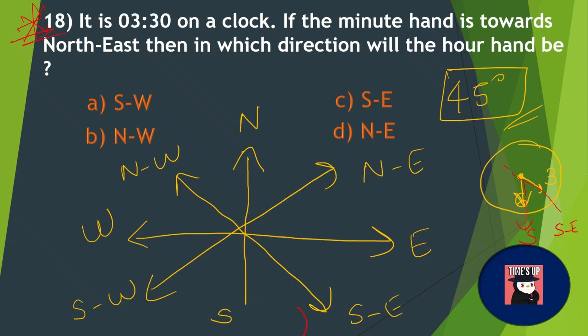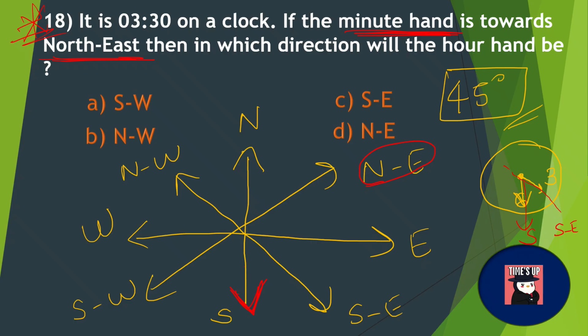So how will we solve this? Just focus on the minute hand. Instead of south, it is now facing northeast. Then in which direction will our hour hand be? They have asked. Initially the minute hand was towards south, and now we need to go to northeast. Correct? Each angle makes 45 degree here.